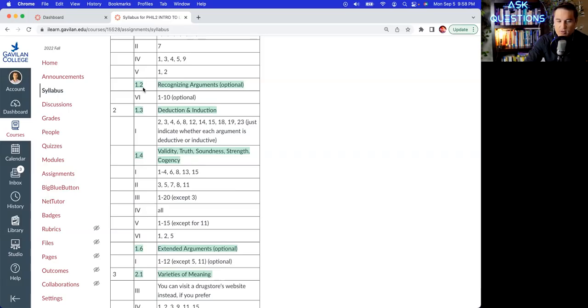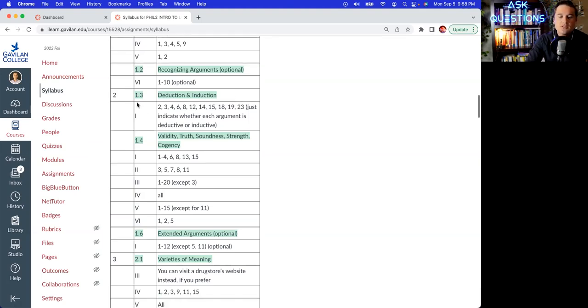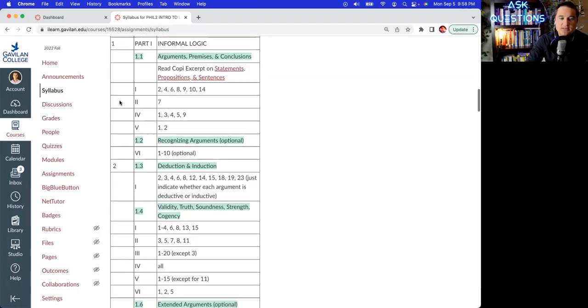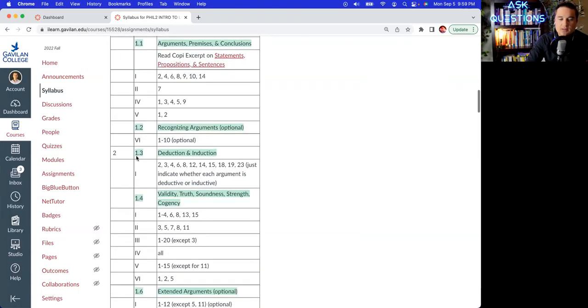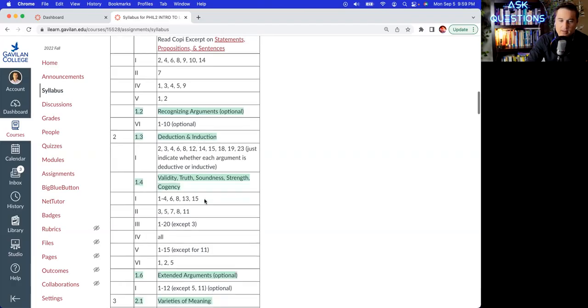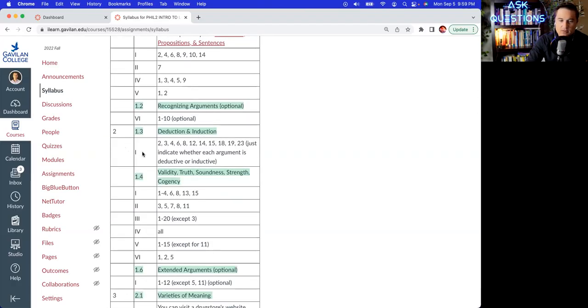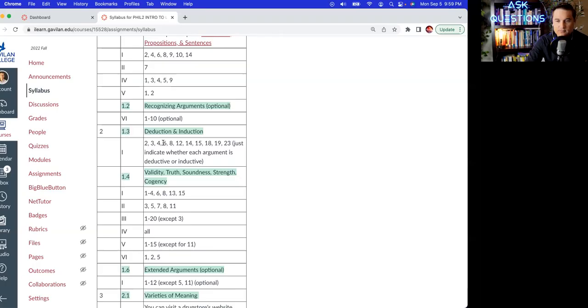So I'm going to skip over 1.2 because that's optional, but recommended. So let's look at section 1.3 in the book on deduction and induction. And let's go to subsection Roman numeral 1 and look at some of these problems here.